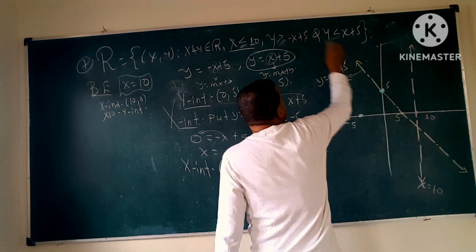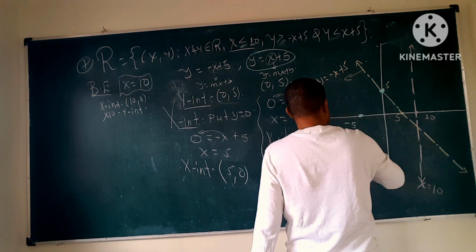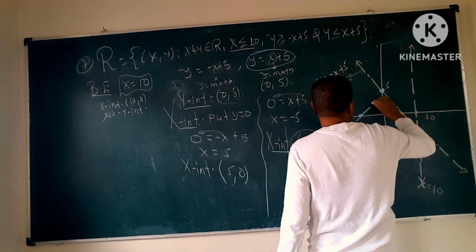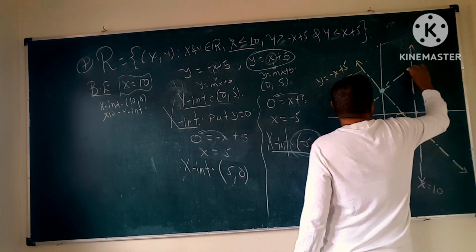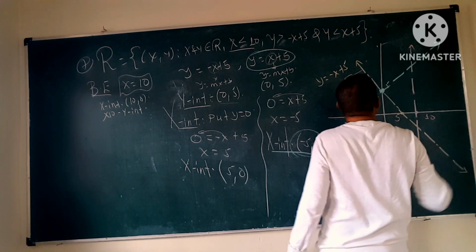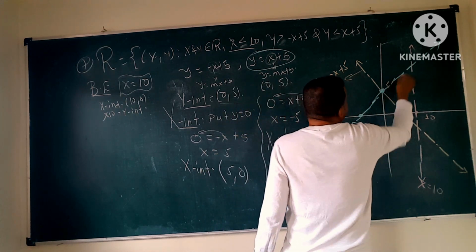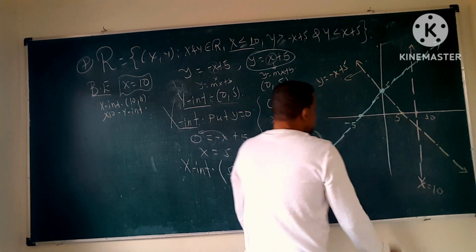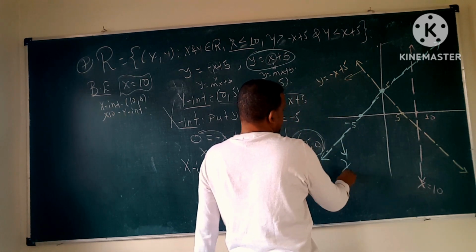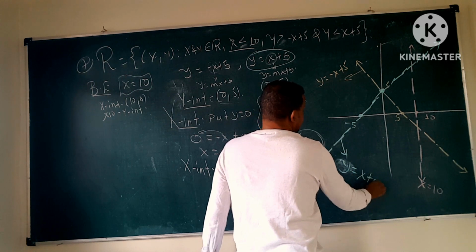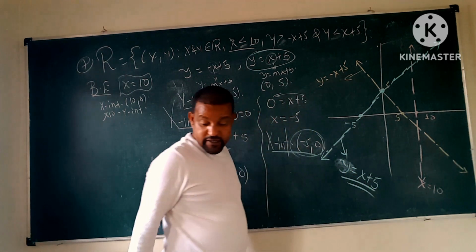So it's a broken line, we draw it like this. I'm very poor in drawing. So this is the graph of y is equal to x plus 5.